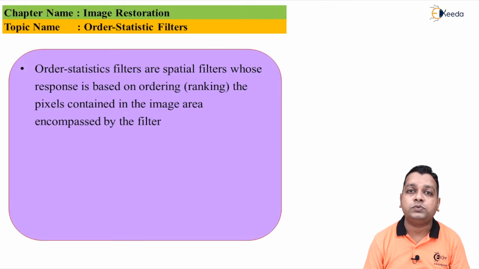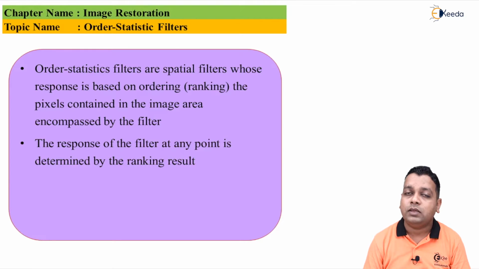So here the response of the order statistic filter is based on ordering, that is kind of ranking, hence the name order statistic filters. The pixels that are contained in the image area encompassed by the filter function, the response of the filter that we calculate at any point, is actually determined by the ranking result.